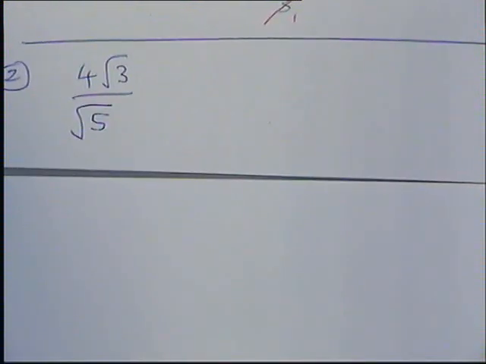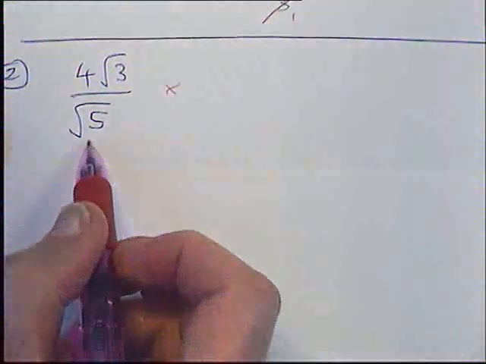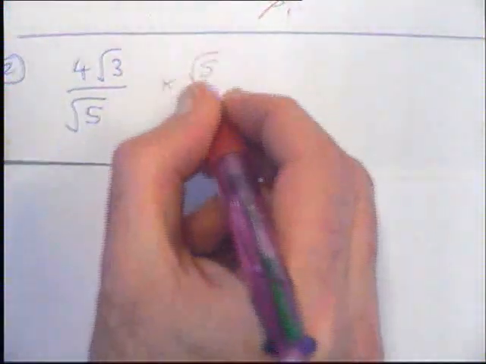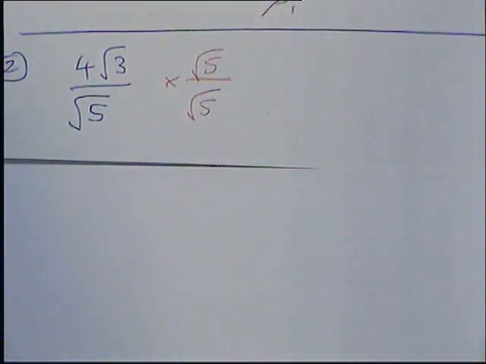We need to rationalise that denominator. And it's only the one on the bottom you times it by. You times it by root 5 divided by itself, because root 5 divided by root 5 is just 1. It's just a weird way of writing 1 down, so we're not changing its value.